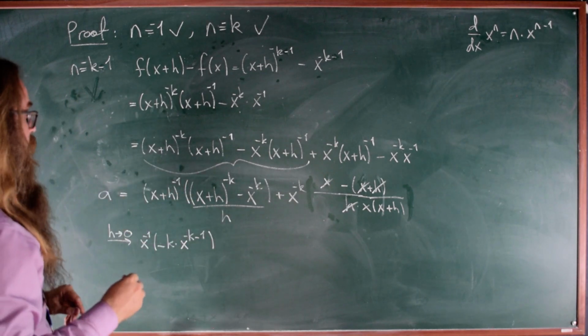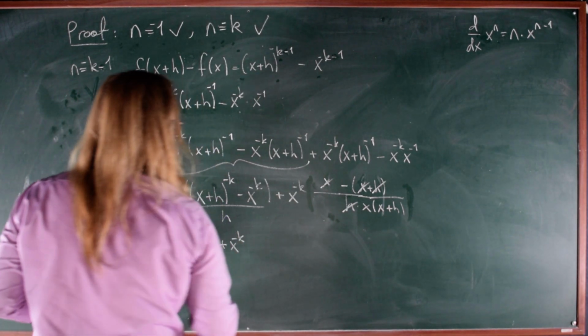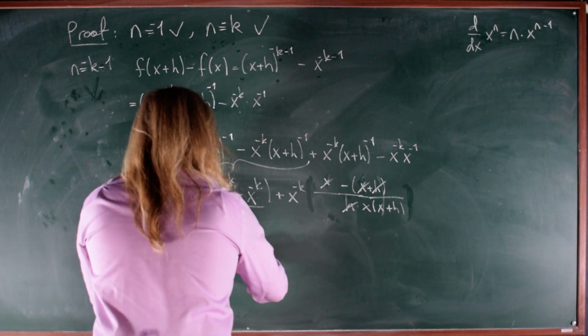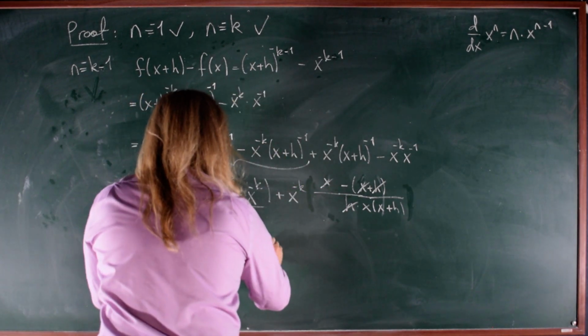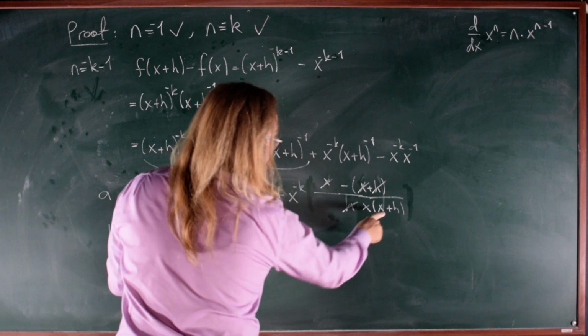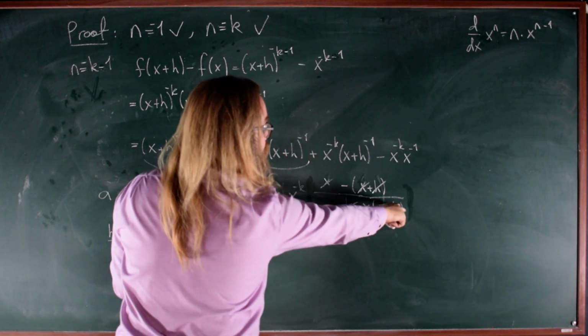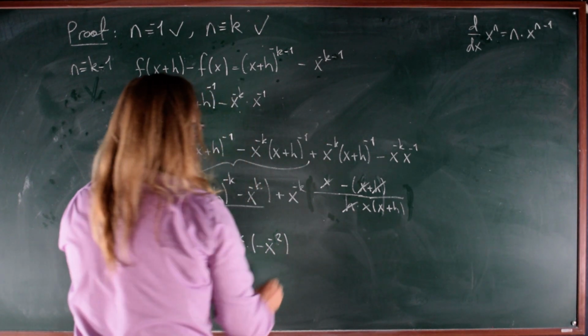Gets reduced by 1. Then we have plus x to the minus k times minus, because there's a minus here, and then x plus h to the power minus 1, but again the h is replaced by 0, so we actually get just x to the power minus 2 here.